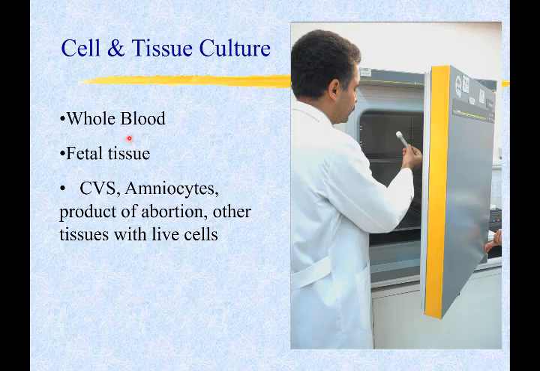We can do karyotype testing from whole blood, fetal tissue, CVS, amniocytes, products of abortion, and other tissues with live cells. Remember that CVS for karyotyping a lot of times could show confined placental mosaicism, which gives you wrong defects.